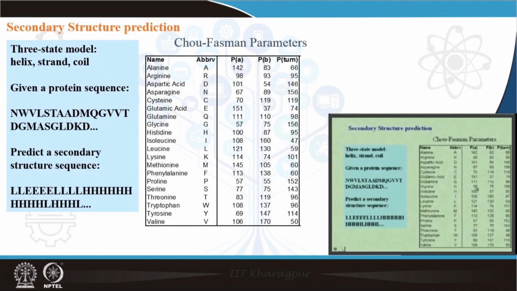Very low. Why? Because it doesn't like to be in an alpha helix, or it isn't seen rather in an alpha helix for the analysis that has been done for this set of proteins, which is true for mostly all the sets. Now, if I look at a turn, turns have mostly glycine and proline.